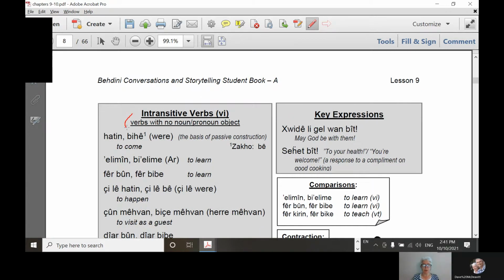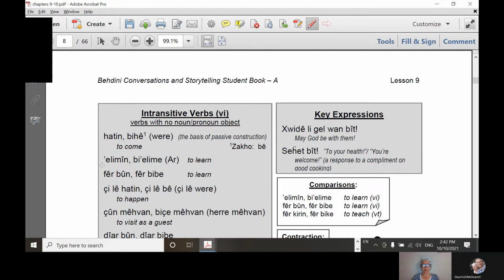These are verbs with no noun or pronoun object. And the reason they're listed here is because this first one, hatten be weda, which is the Dehookie version, hatten be weda for Zacho. This is the basis of passive construction.